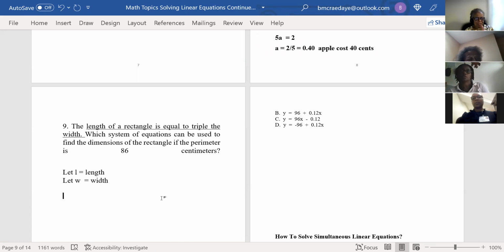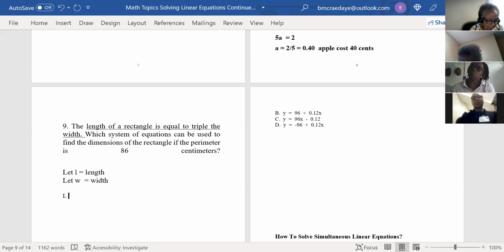So the length is equal to 3 times the width. How do I write that? The length, L, is equal to 3 times the width. Or L is equal to 3 times W.